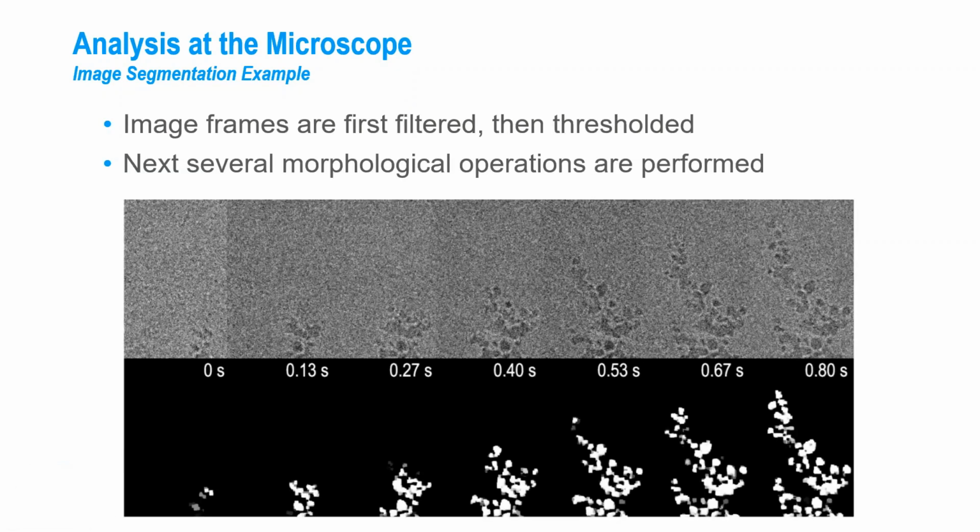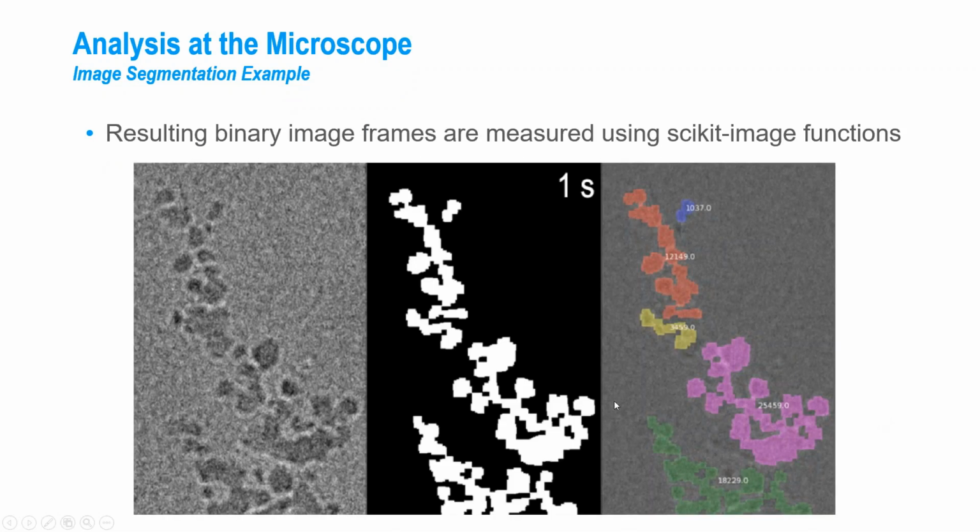And so I first filtered my images, filtered each frame, and then thresholded each frame, and then performed several morphological image operations to produce these binary or really quasi-binary frames. And that's the hard part of this entire code.